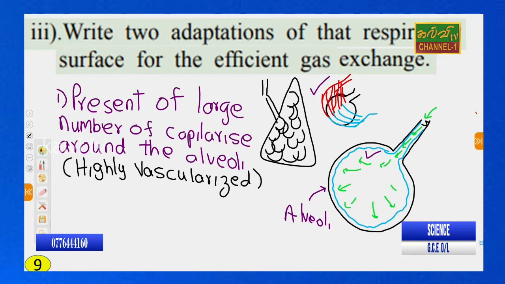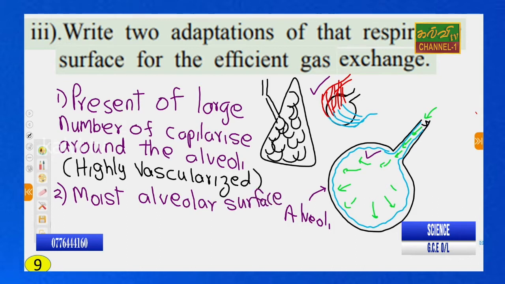Highly vascularized. And the second answer, moist or wet alveolar surface.